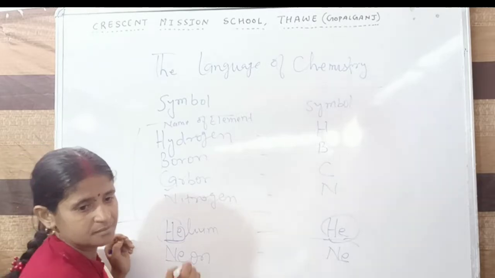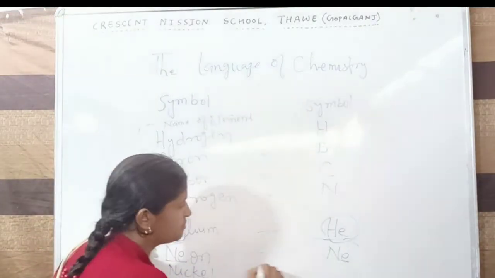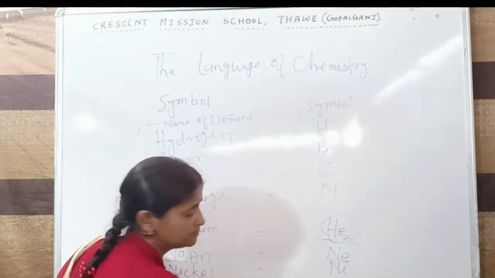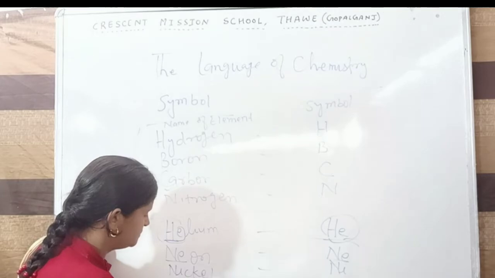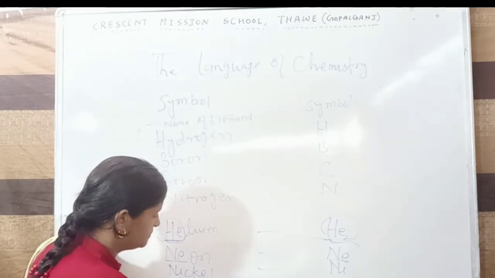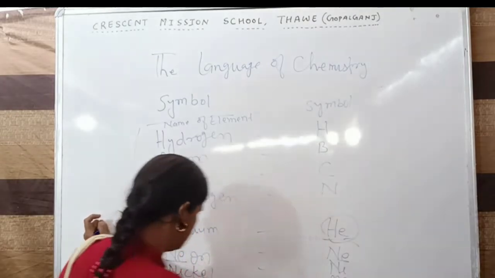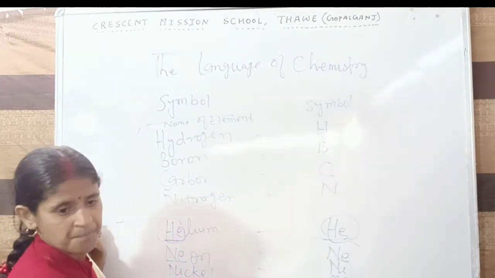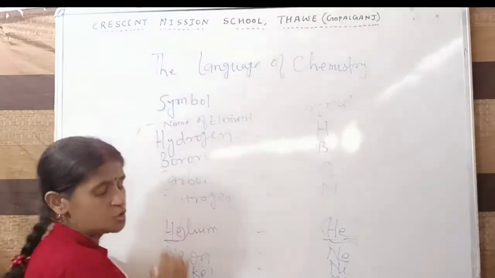After that, nickel, its symbol is Ni. Magnesium, symbol is Mg. These are the two-letter symbols.